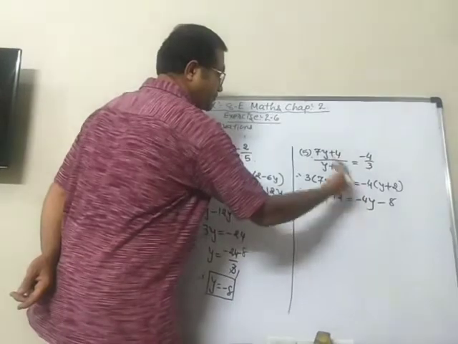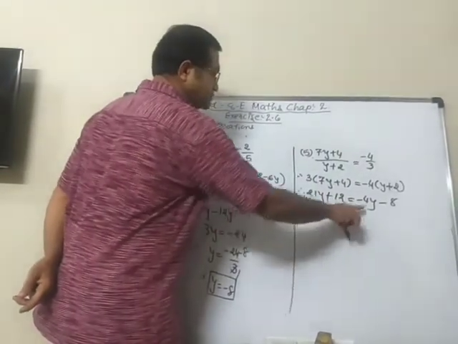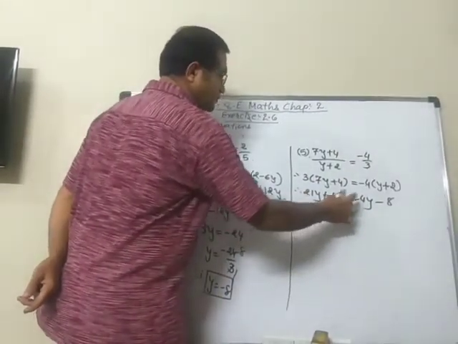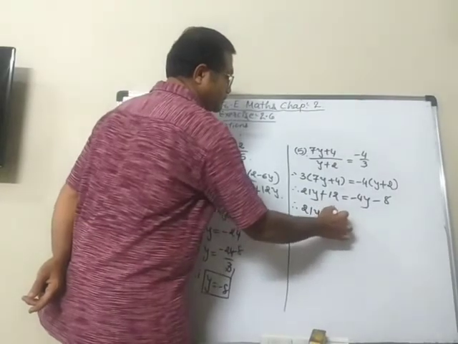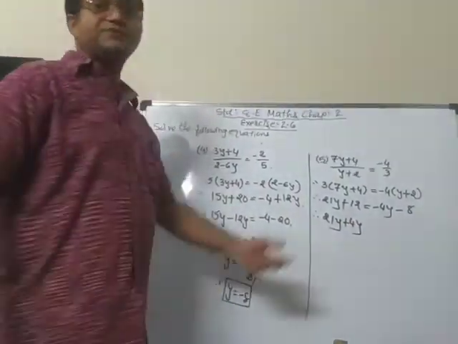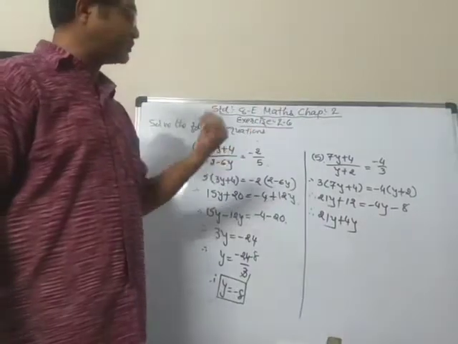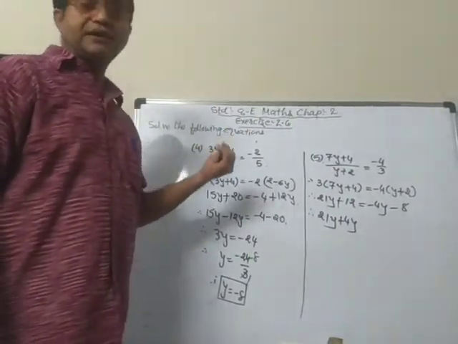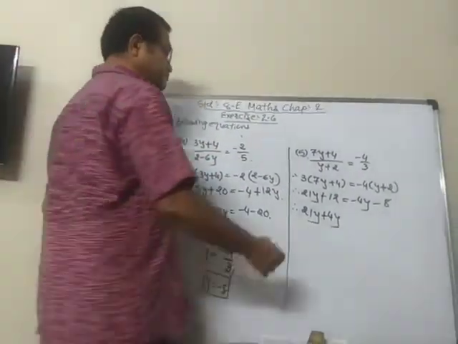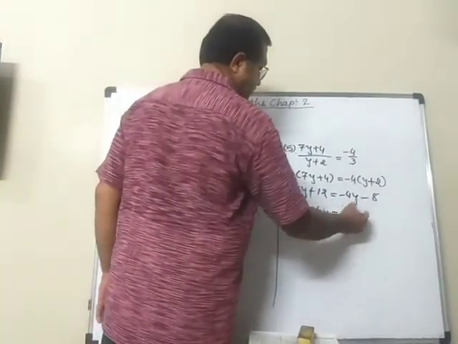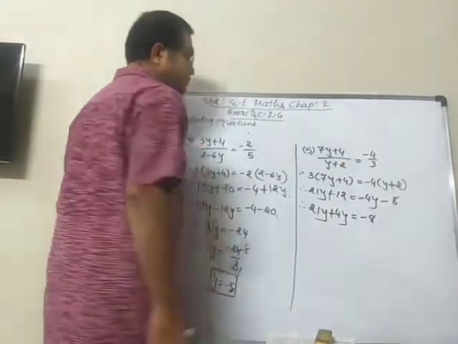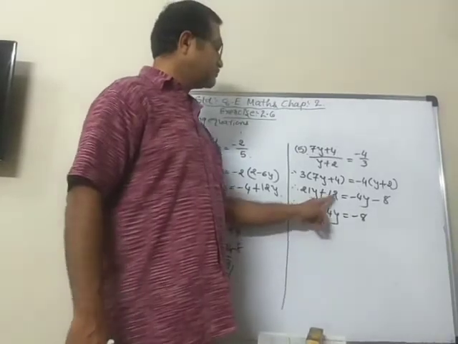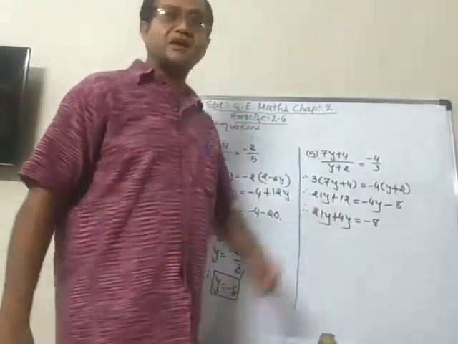And therefore we bring the 4y this side, it is minus 4y. So 21y plus 4y, because that minus 4y becomes plus 4y when it is transposing to the left side from the right side, is equal to, now on that side there is minus 8 remaining, but plus 12 will go that side and become minus 12.